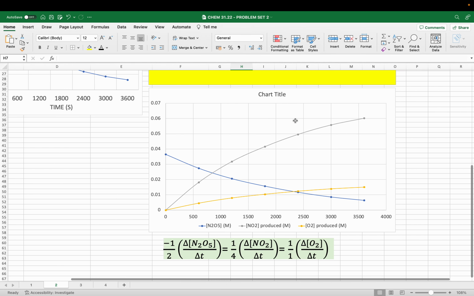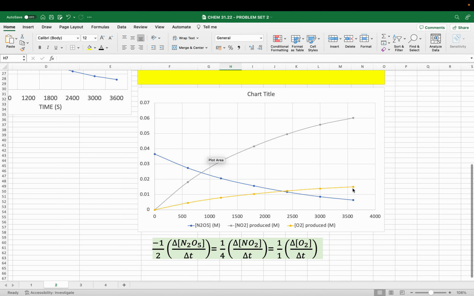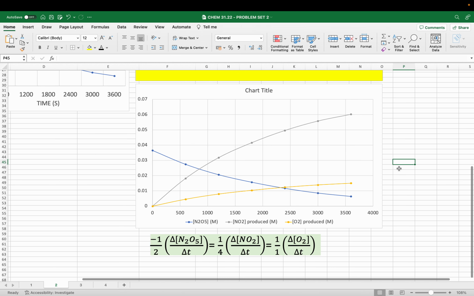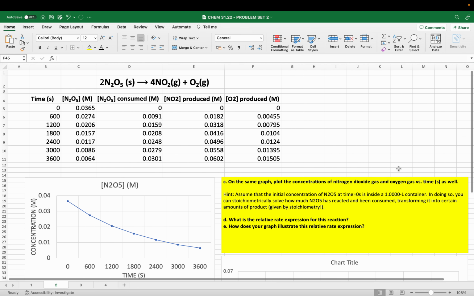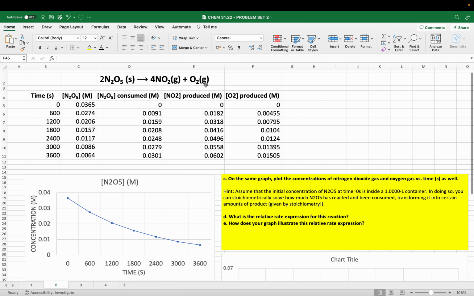And going back to our graph, the flattest kinetic curve, or reaction rate curve, will be that of the O2, given that in our balanced equation, it has the smallest stoichiometric coefficient. So at any point in time, very little of it is being created.